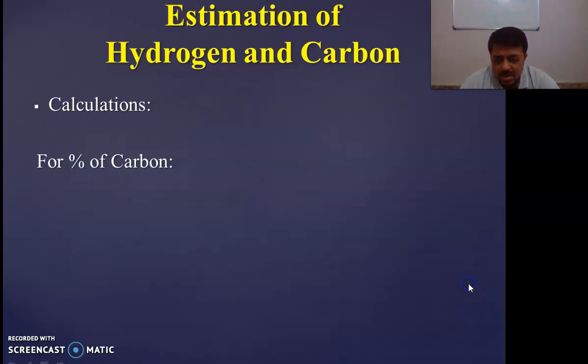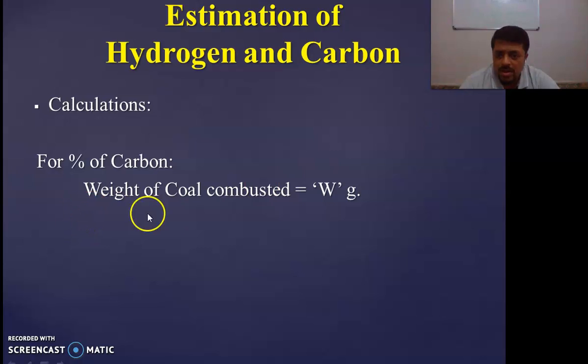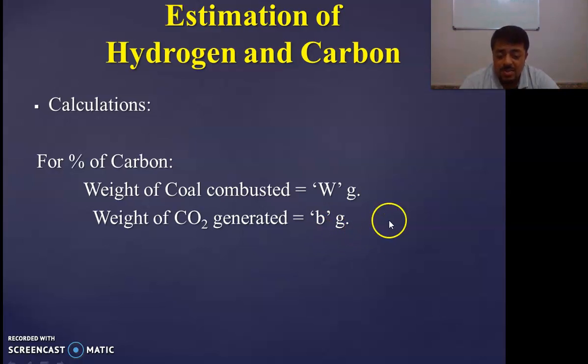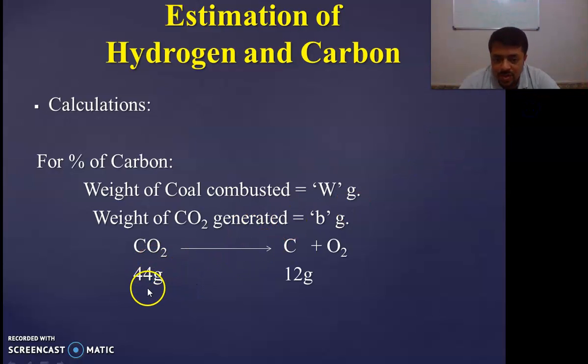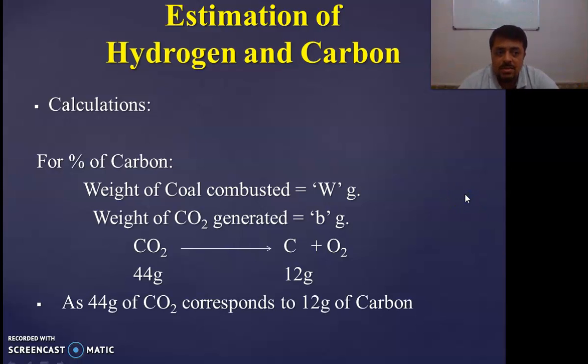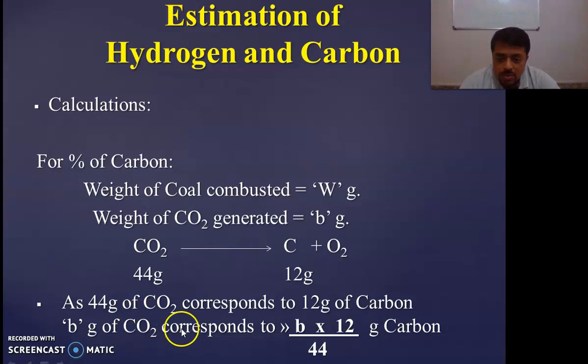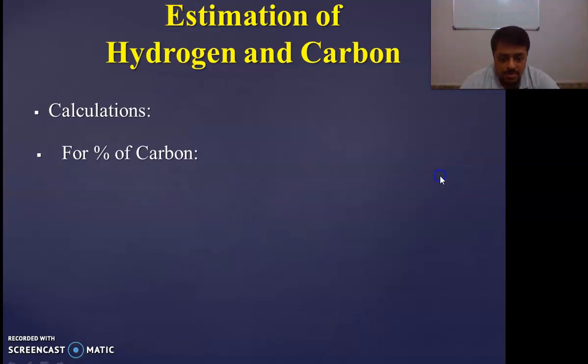Similarly, for percentage of carbon, the weight of coal combusted was W grams and the weight of CO2 generated was B grams, which is the increase in weight of the KOH U-shaped tube. From the reaction, 44 grams of CO2 corresponds to 12 grams of carbon. So B grams of CO2 corresponds to B multiplied by 12 divided by 44 grams of carbon.